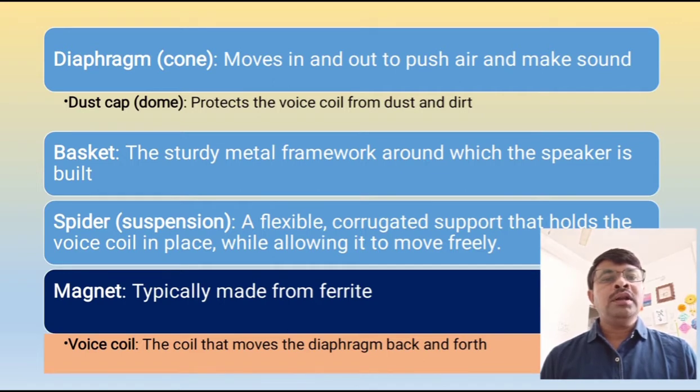A coil that moves the diaphragm back and forth. Aluminum wire is wound on a cup for a voice coil. These are the some important internal component functions.